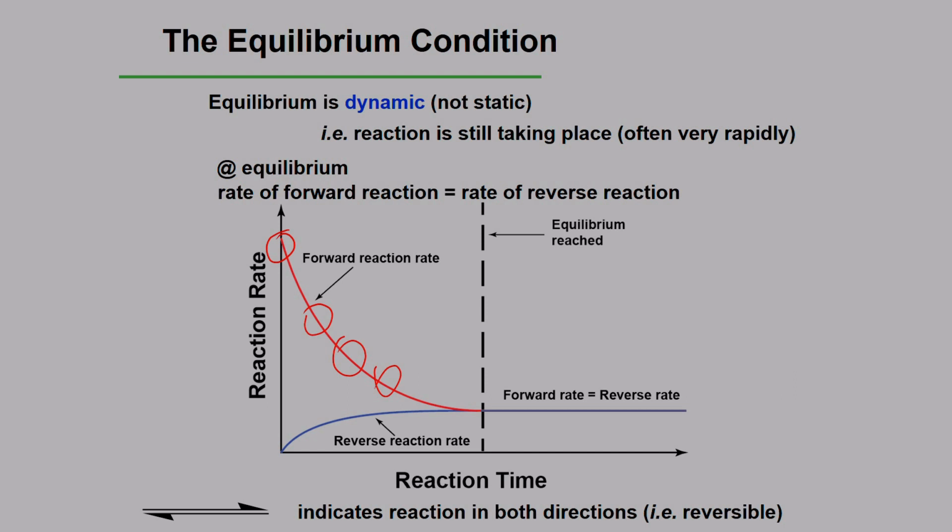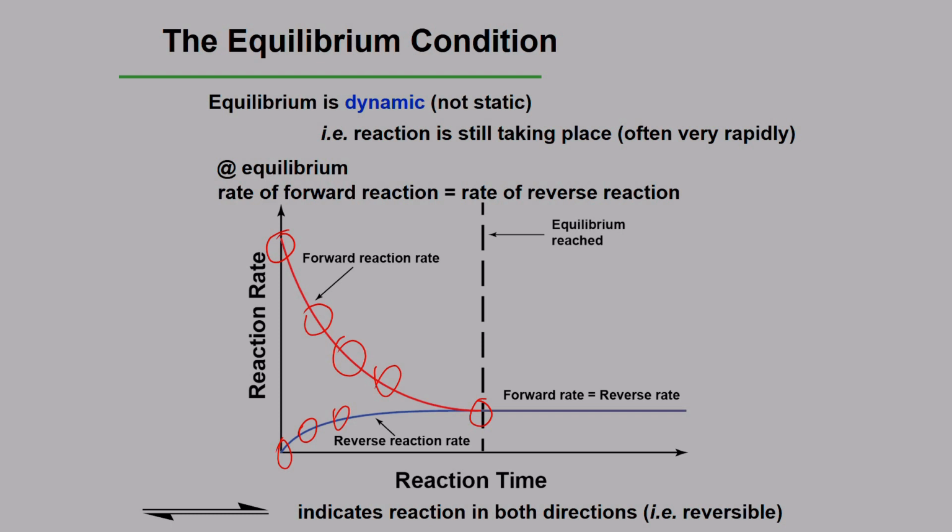If we have a reversible reaction, like we've seen just before, then our reaction rate of the reverse reaction will start off very slow because we haven't had time to produce our products yet. But then our reverse reaction will speed up because we're getting more and more of that product being formed. At some point, we will have both the forward reaction and the reverse reaction being equal.